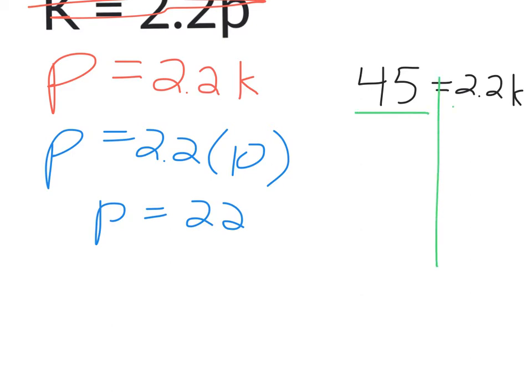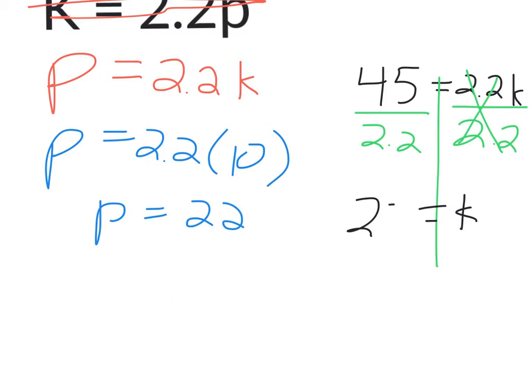I just divide by 2.2 on both sides. Those cancel out, and I get that K is equal to about 20.5. I just put that in the calculator, by the way. So if I'm trying to lift 45 pounds, I need to lift about 20.5 kilograms.